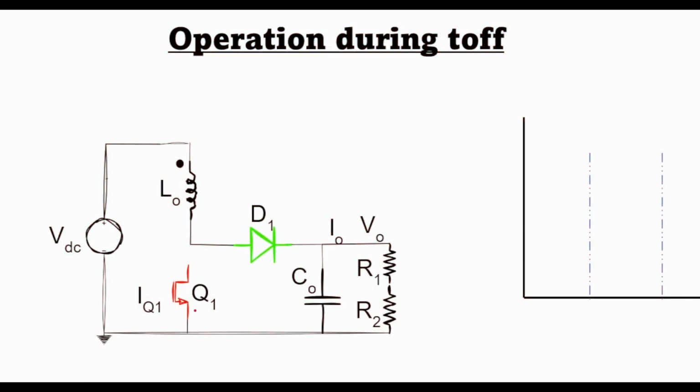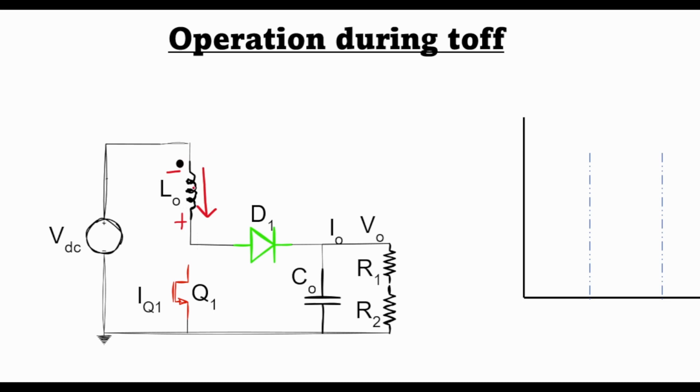Now during T off, there is no connection to the ground, and the current that was established through the inductor during T on must continue to flow in the same direction as the inductor doesn't allow an instantaneous change in the current. Therefore, the polarity of voltage across the inductor terminals has to reverse, where the undotted terminal becomes positive with respect to the dotted terminal.